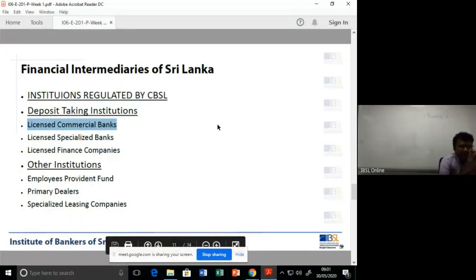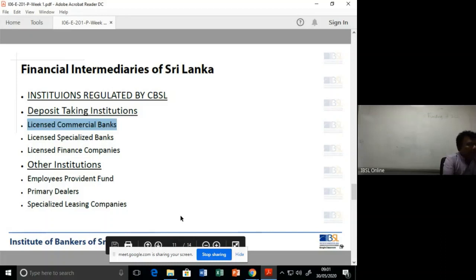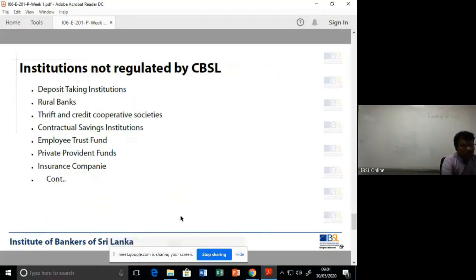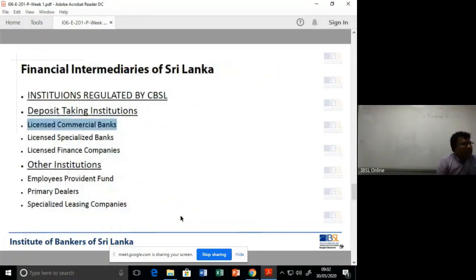Now, in your notebooks, write down this one. Financial intermediaries in Sri Lanka, and your left hand side should include this, as well as, remember, I want you to note down the other side, right hand side. There must be space. Institutions not regulated by Central Bank of Sri Lanka. Take your notebook and note this. Financial intermediaries of Sri Lanka, that is the heading. Then you can divide into two areas.